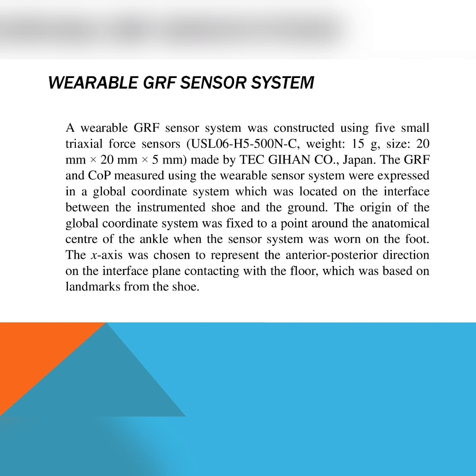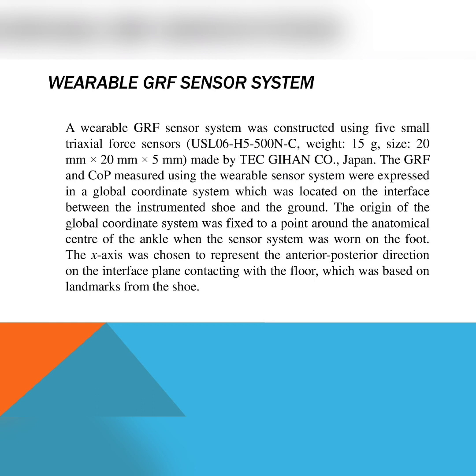The GRF and COP measured using the wearable sensor systems were expressed in a global coordinate system which was located on the interface between the instrumented shoe and the ground.